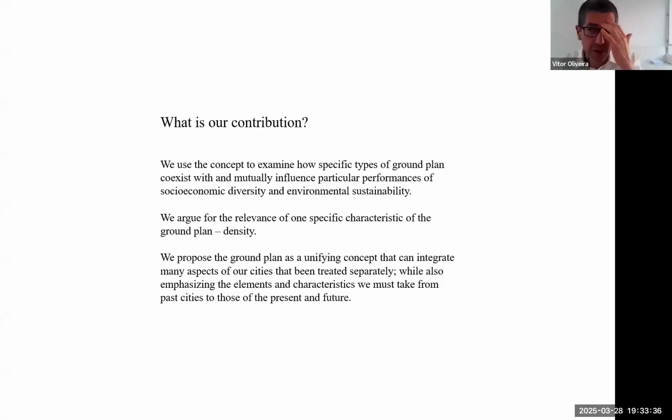We focus on one specific characteristic of the ground plan, which is density, that so far neither Conzen nor any of the other researchers have placed attention on. And most of all, because we propose the ground plan as a unifying concept that can integrate many aspects of our cities.